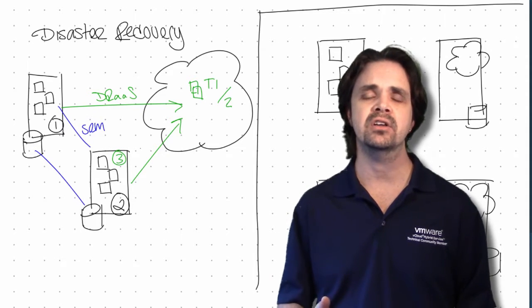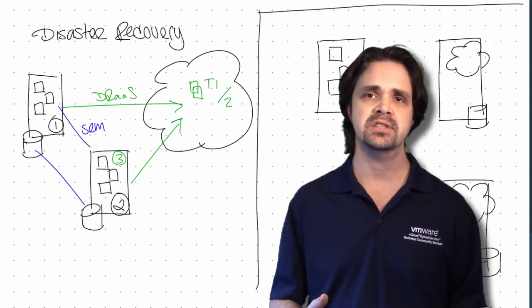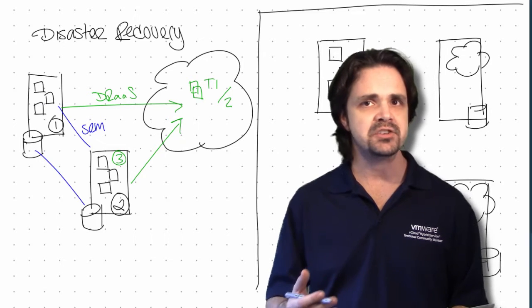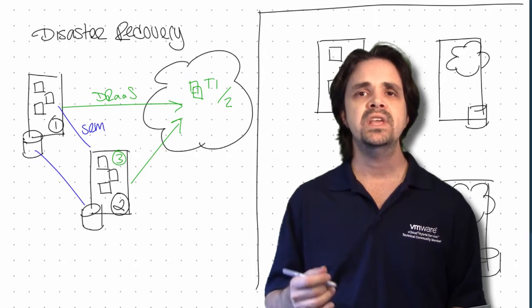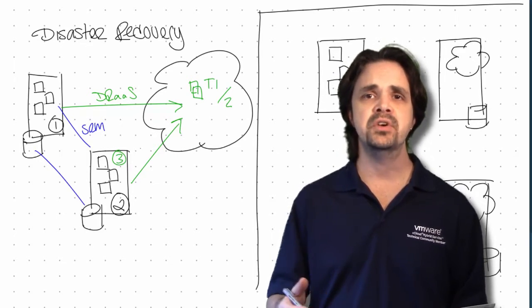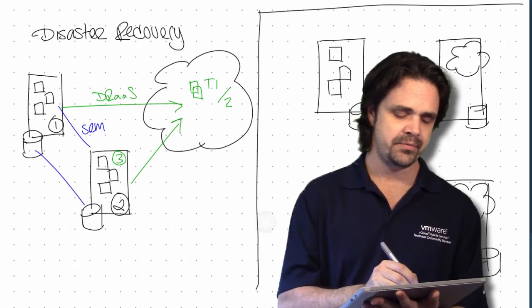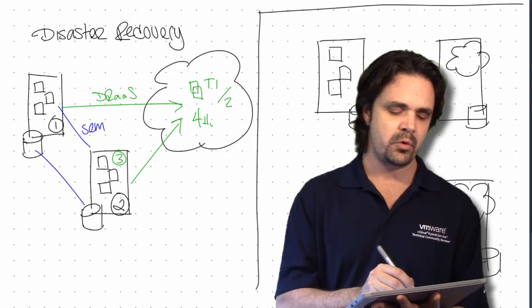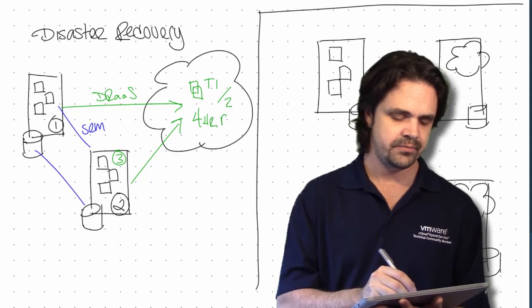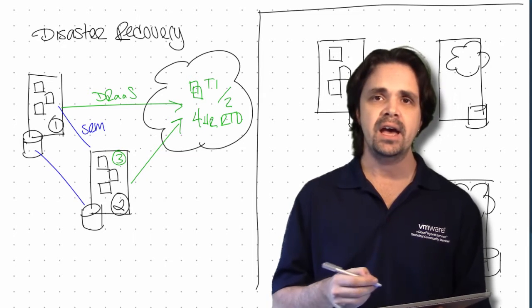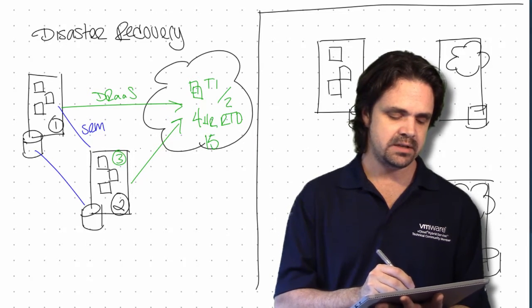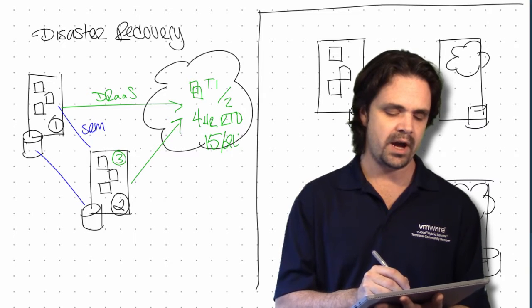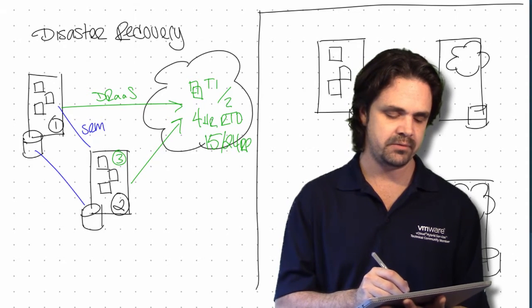When do they have to be back online in order to meet that service level agreement? With Disaster Recovery as a Service, we have SLAs built into our RTO and RPO. You have a 4-hour RTO and you have a 15-minute to 24-hour recovery point objective.